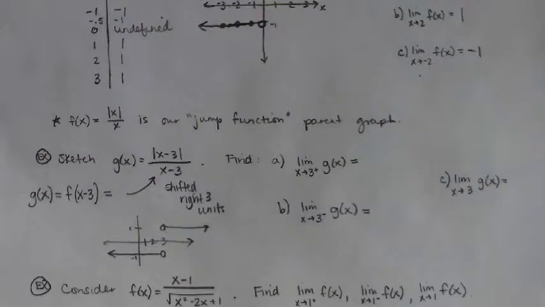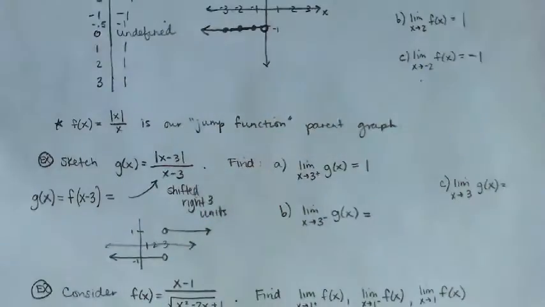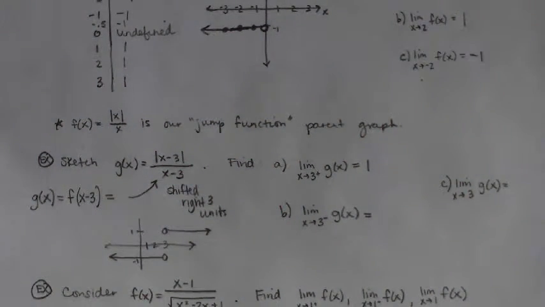Absolute value over itself without the absolute value. So on this one, our limit as we approach 3 from the right. What do you think, Stephanie? Good. And Kyle, how about the limit as we approach 3 from the left?